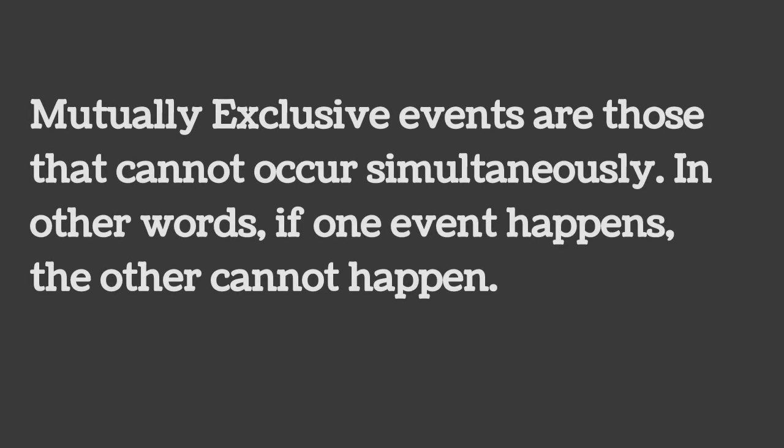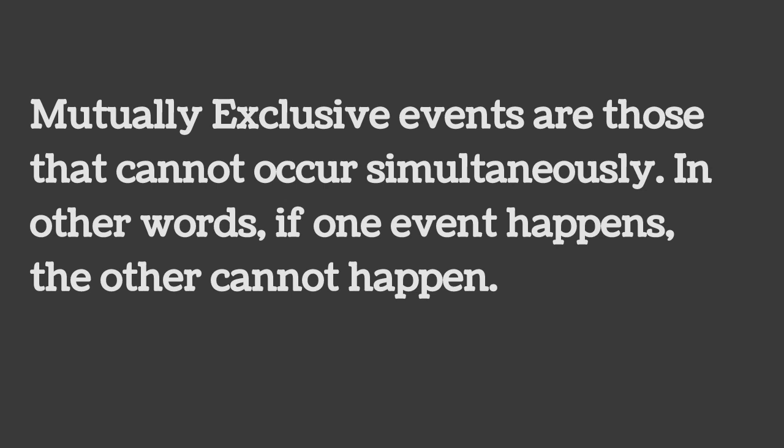Mutually exclusive events are those events that cannot occur simultaneously. In other words, if one event happens, the other event cannot happen. Events are mutually exclusive when both events have nothing in common.